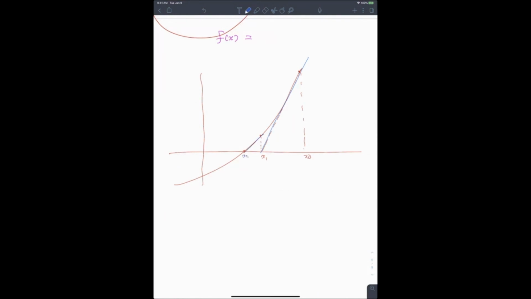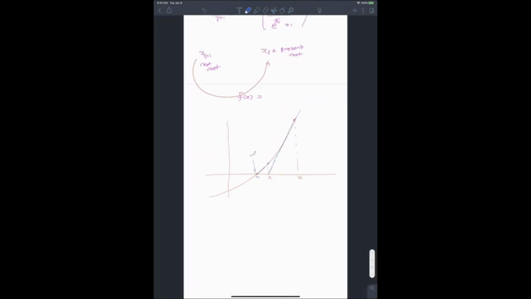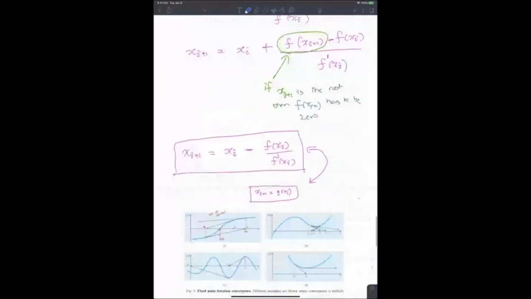You can see it goes really fast towards the root. That's the root. For many functions, the Newton-Raphson method goes really fast towards the root, whereas some instances will diverge.